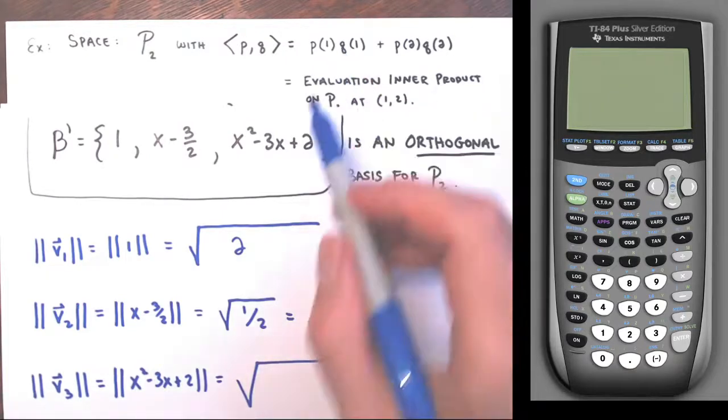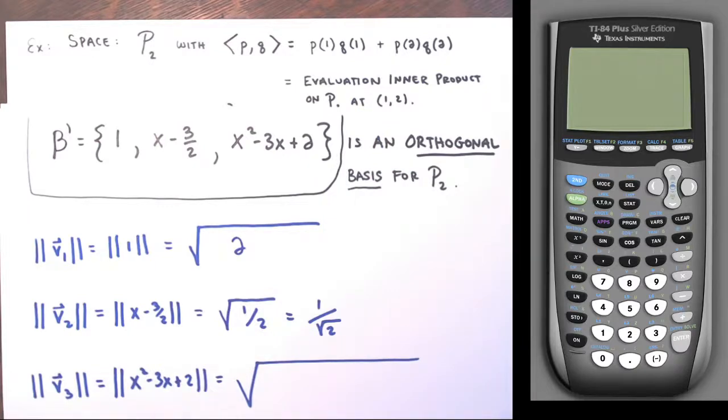So the value at 1 squared is 0. And the value at 2 squared would be 4 minus 6 is negative 2 plus 2. That's also 0.